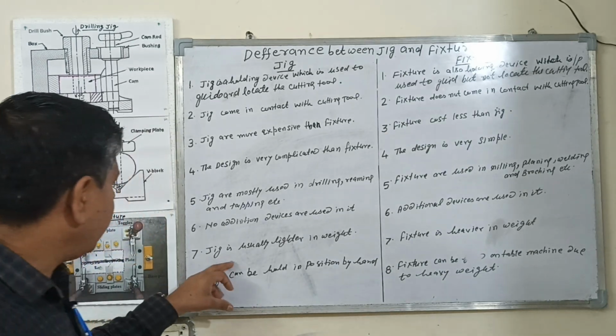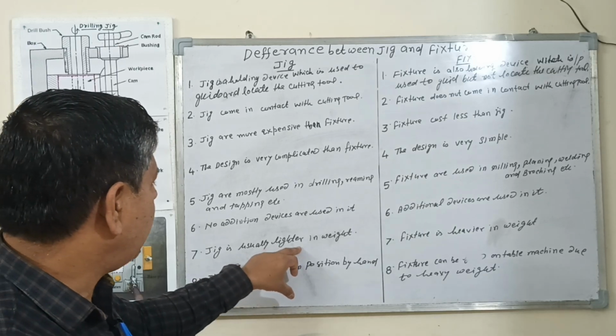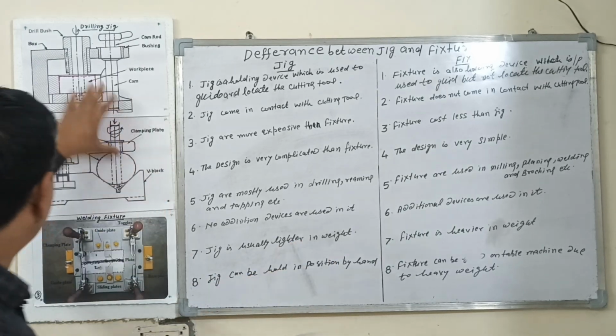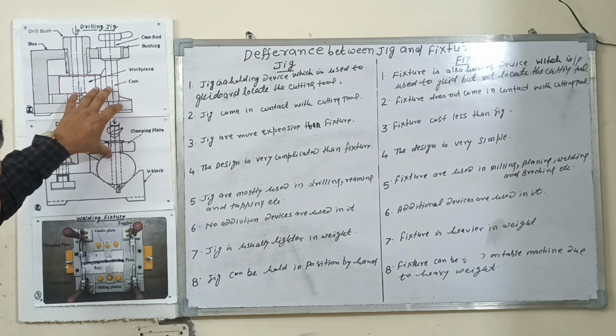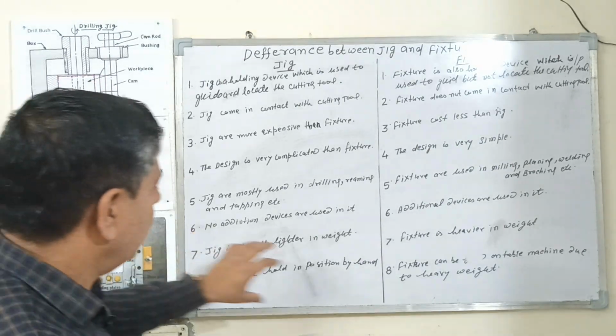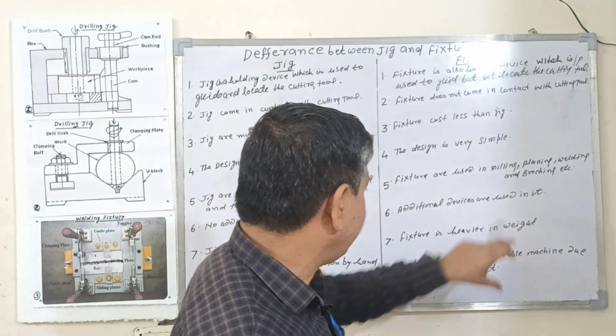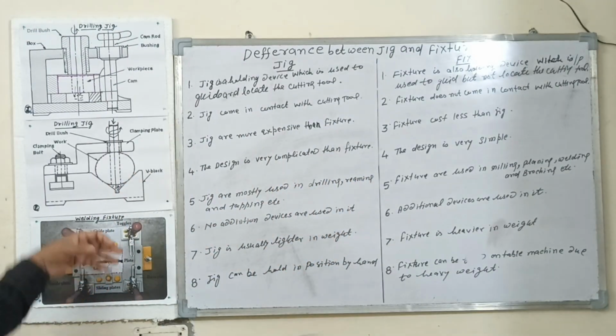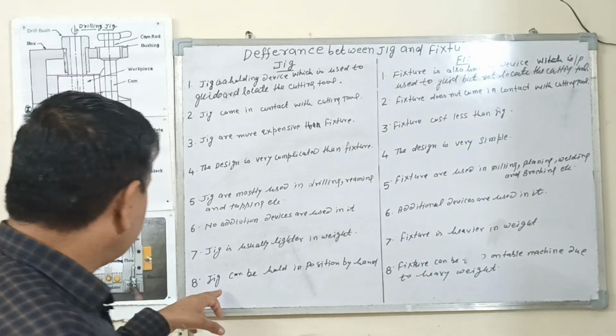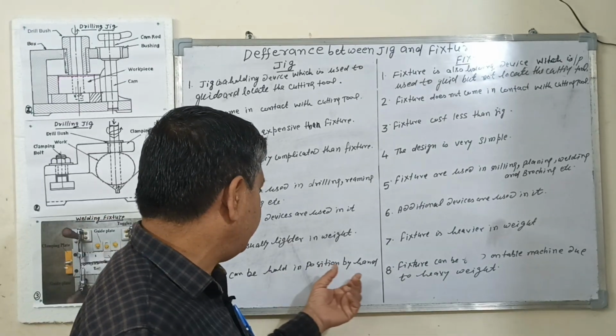Number 7: a jig is usually light in weight. This is a jig. The jig is light in weight compared to the welding fixture. The fixture is heavier in weight. The weight of this fixture is very heavy compared to the jig. Number 8: the jig can be held in position by hand.